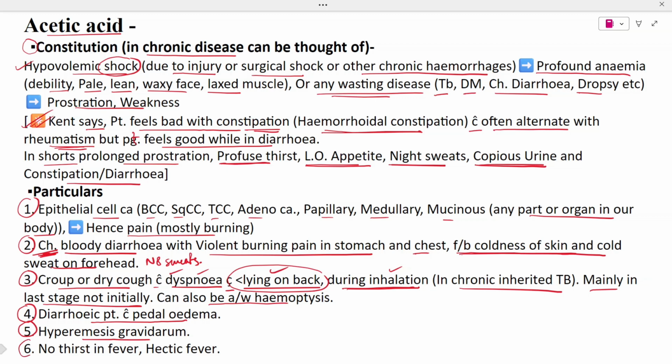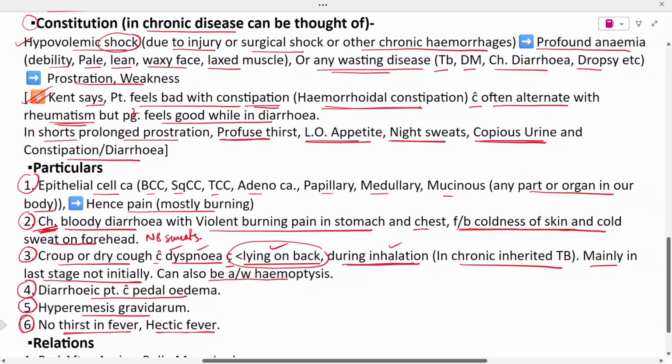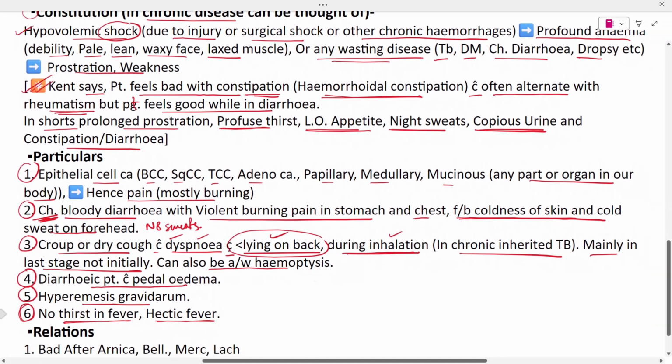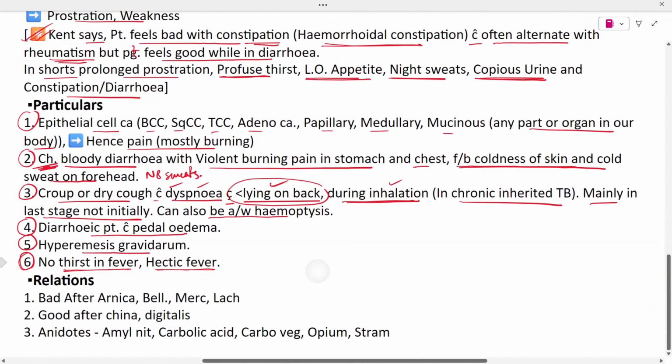Lastly, no thirst in fever is one of the very peculiar symptoms, and the fever must be the hectic type. The fever fluctuates, with no particular pattern of temperature rise or fall, and the patient, though usually thirsty, says do not give any water while in fever. So these are the particular symptoms I have discussed.